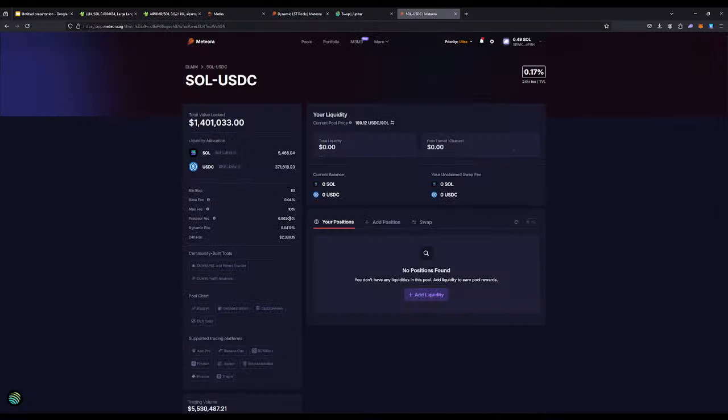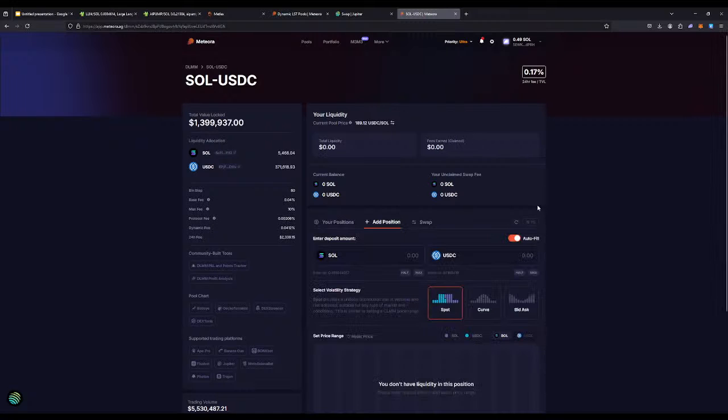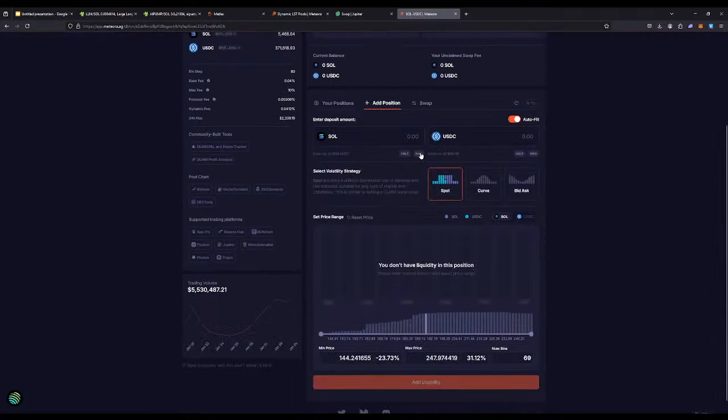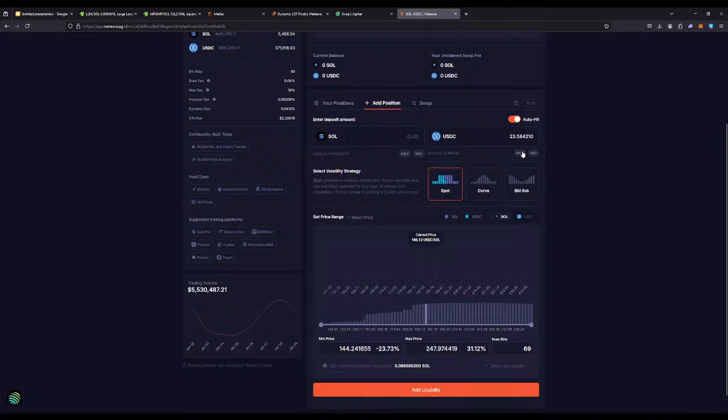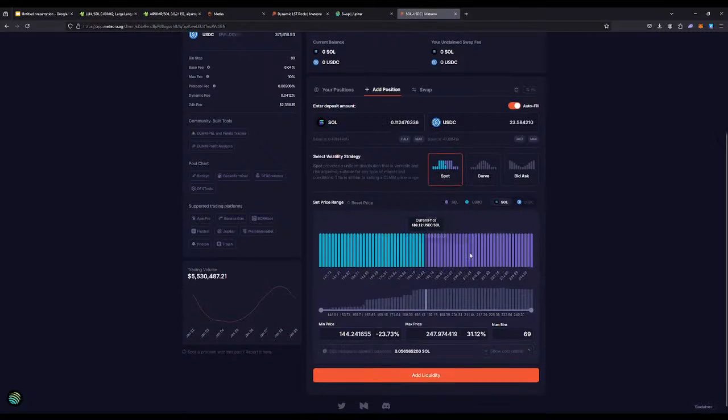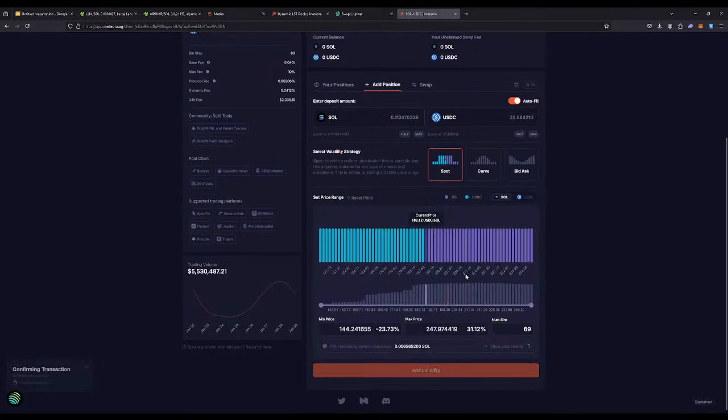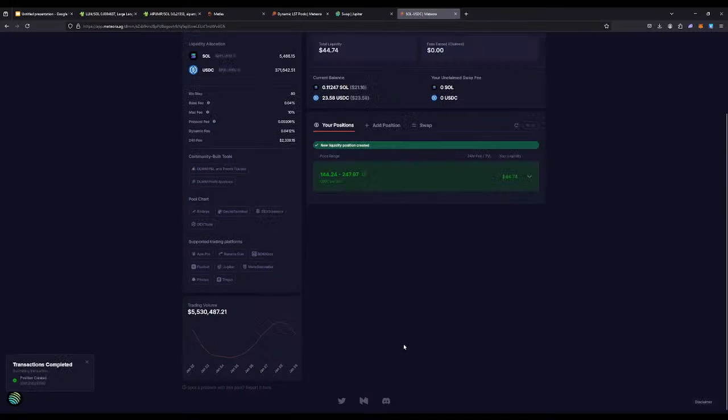So for Solana, we had gone with half as spot, and we'll add liquidity. Since all the bins already exist, there'll be no bin fees. The 0.05 Sol fee will be refunded.